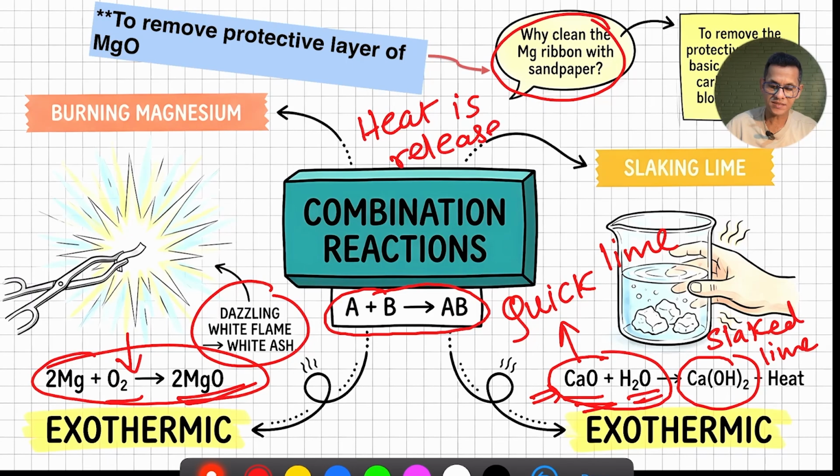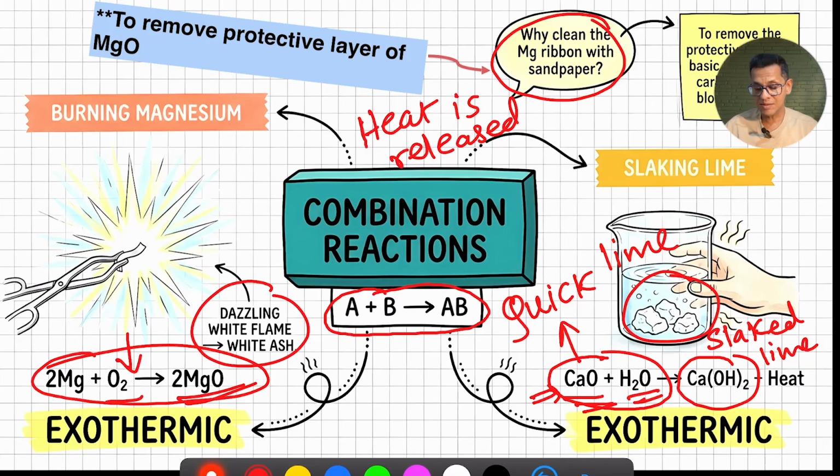The first reaction is very easy to understand because we are burning magnesium ribbon, so you will see the heat being released. In the second reaction of calcium oxide with water, if you touch the beaker from outside, you will feel that the beaker is warm, and that suggests that heat is being released during this chemical reaction.